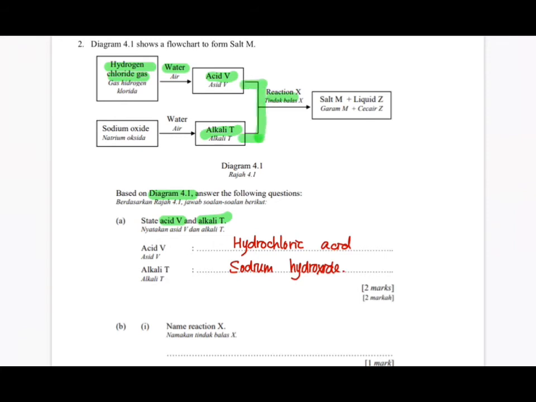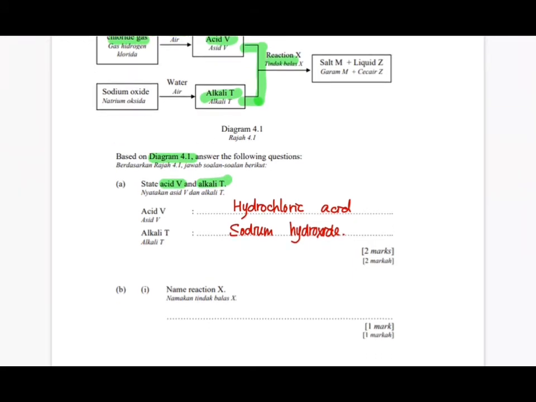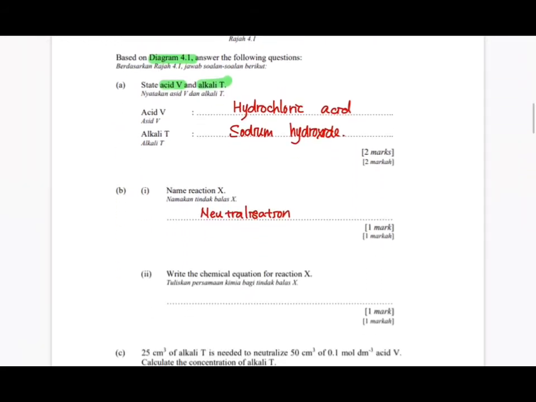Okay, name the reaction X. This is an acid reacting with an alkali. We call it neutralization. Write the chemical equation. The reactants are hydrochloric acid and sodium hydroxide. The products are salt and water only.